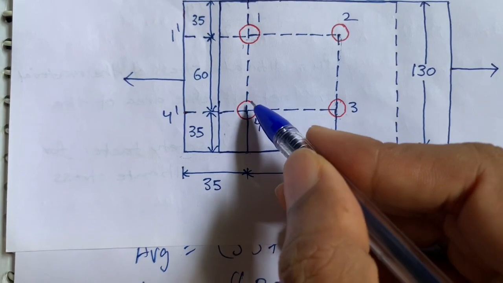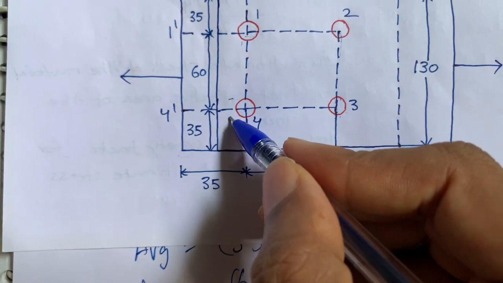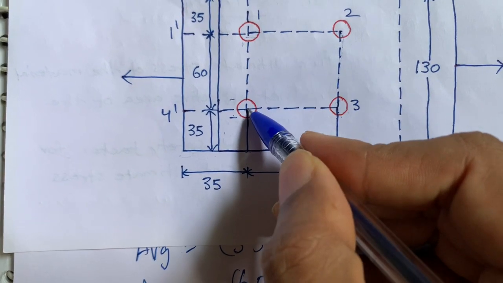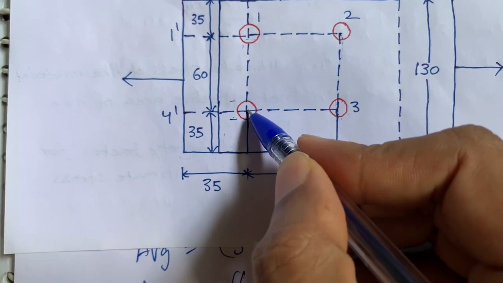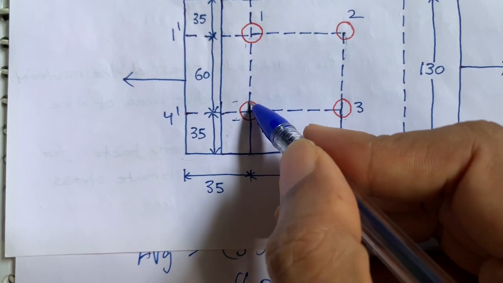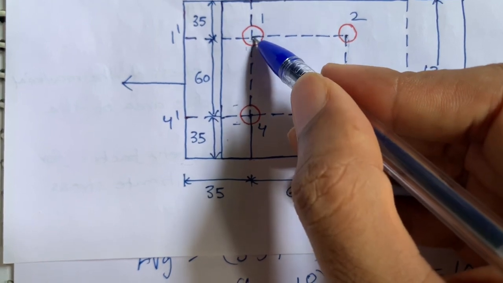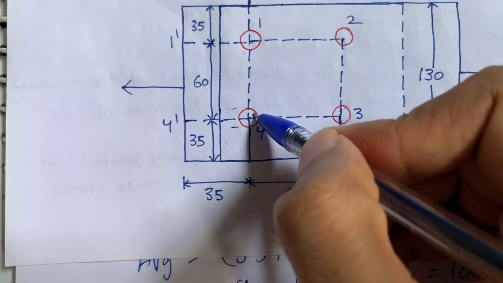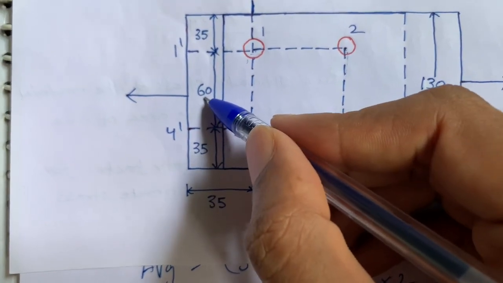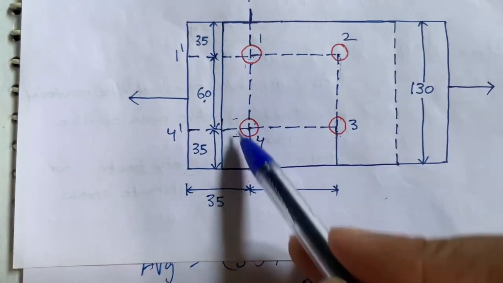The total diameter of the hole is 18. If from here to here it is 18, then from the center it is 9 mm. So from here to here this is 9 mm, and here to here this is 9 mm. So 9 mm plus 9 mm is 18 mm. That's why I am deducting 60 minus 18, because we are calculating the plate length.